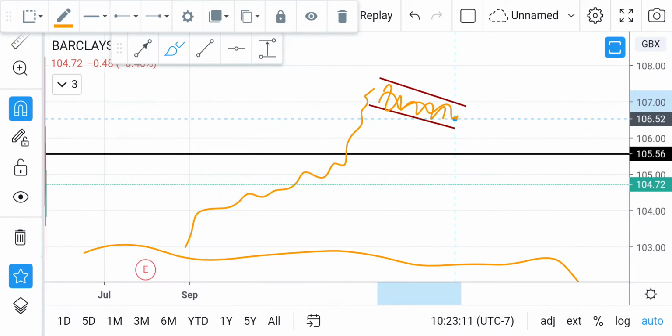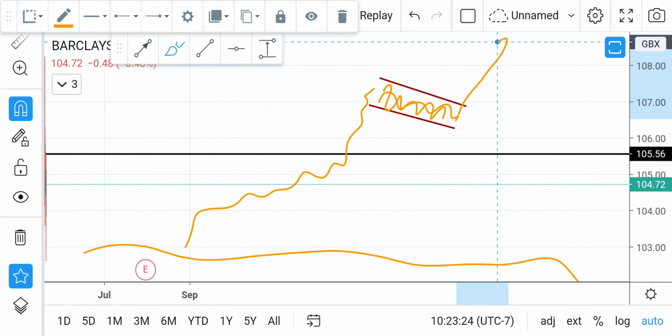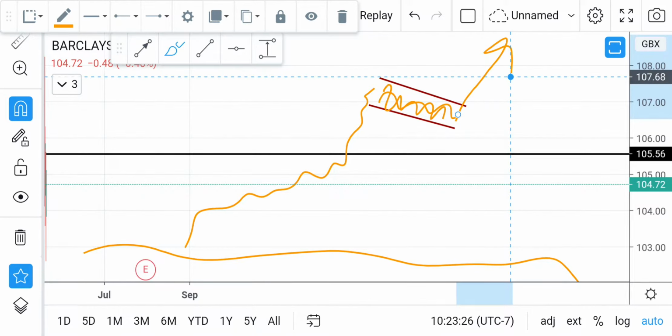Because it's a bull flag in an uptrend, it tells you that the trend is going to continue upward. So it usually breaks upward and the trend continues. That's how a bull flag forms on your chart.